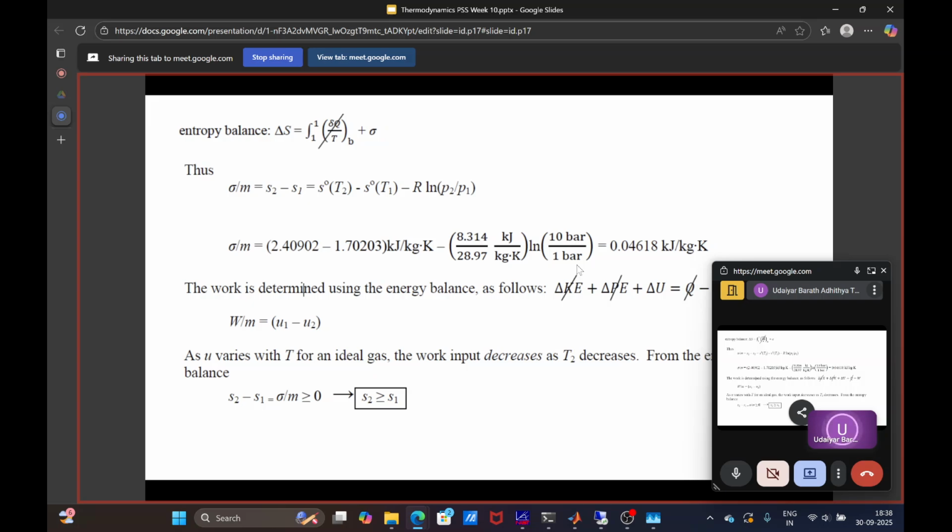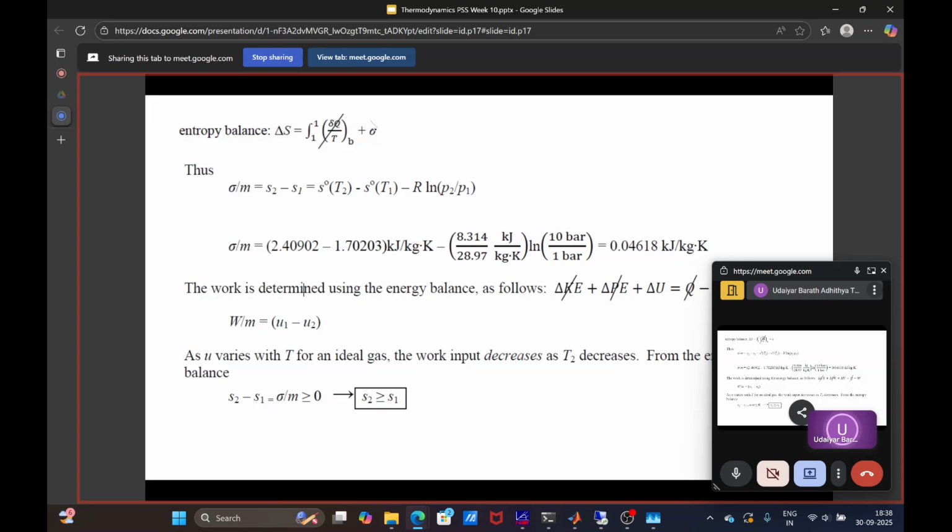If you do an entropy balance, delta S is delta Q by T plus sigma. Delta Q by T is 0 for this case, since it is an adiabatic process, so heat transfer is 0.